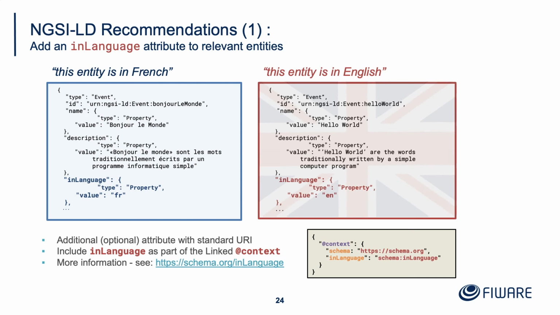The first recommendation is to use an in-language attribute. Schema.org already defines an element which can be added into your local app context. Nothing to do with the core context, it's just your local stuff. And it basically says add another attribute to say this entity is in a particular language.